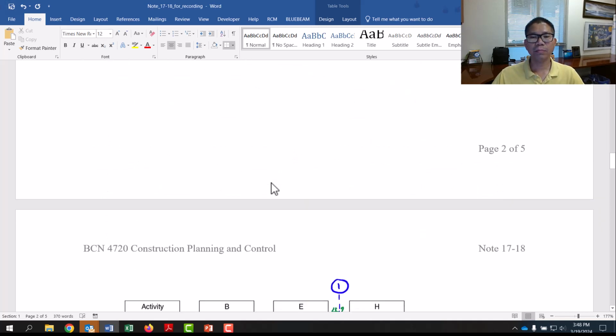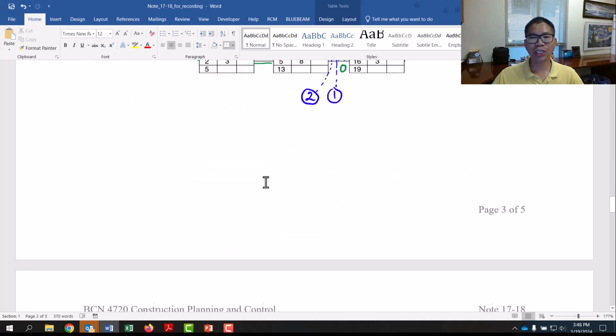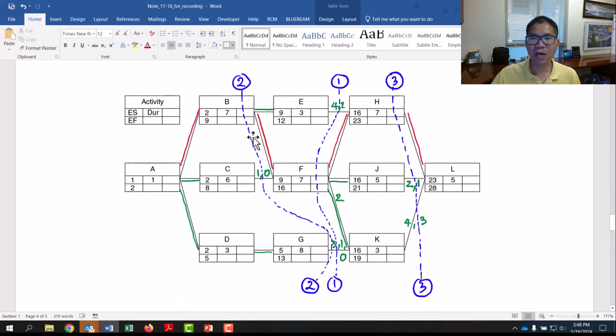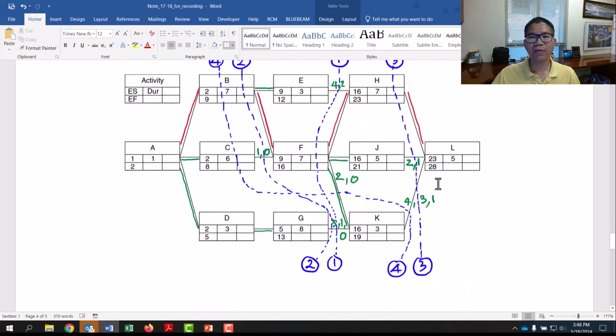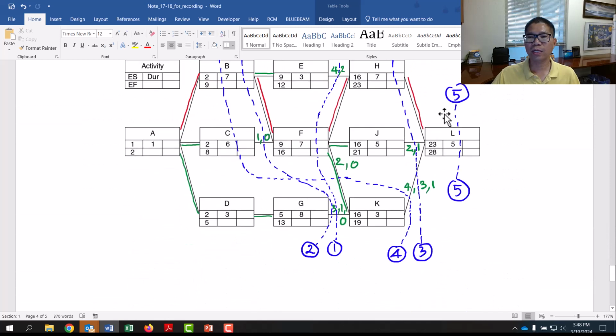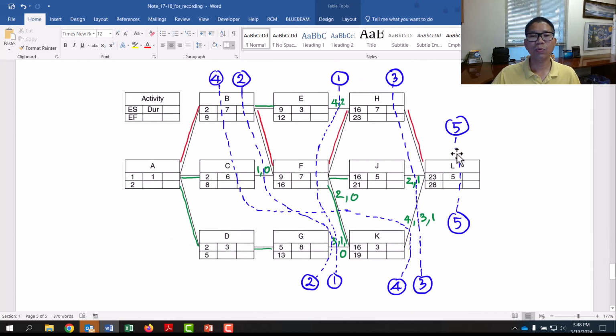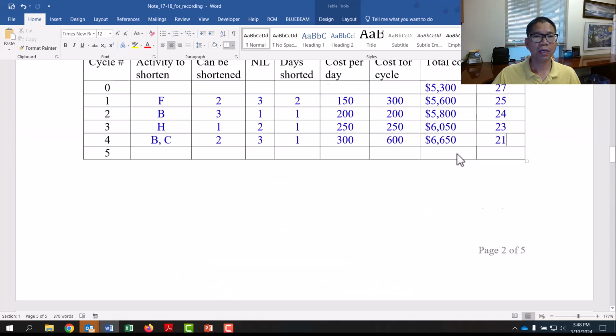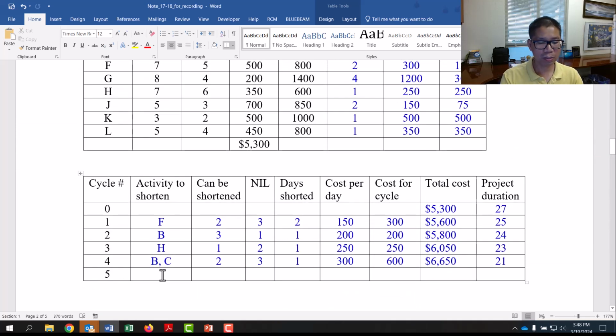And then after that, we run out of options in those aspects because we shortened B already, B is done, H also done, right? H because that's the 1 day we can cross. Then the only choice that we can have is L, so it means we got L as number 5, and if we want to crash further, we can have that one as well. So activity L. How many days can I crash? 1.